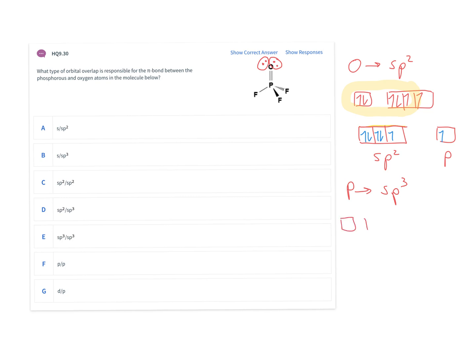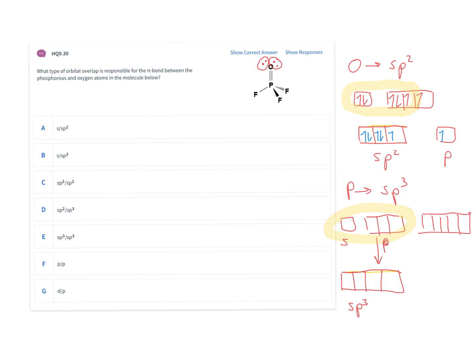What that means is I'm going to take all of my s and p orbitals and blend those together to make 4 hybrid sp3 orbitals. Here's my s orbital, here's my p orbitals. I blend these together and I get 4 orbitals that are all sp3.